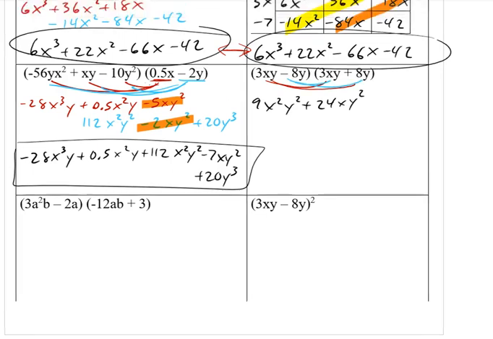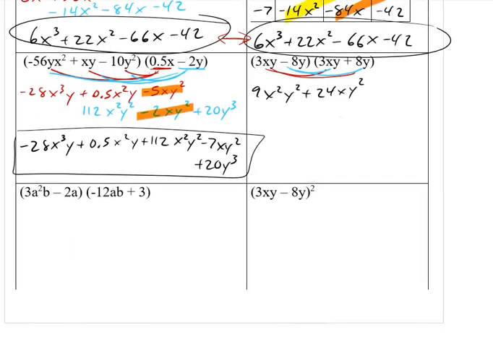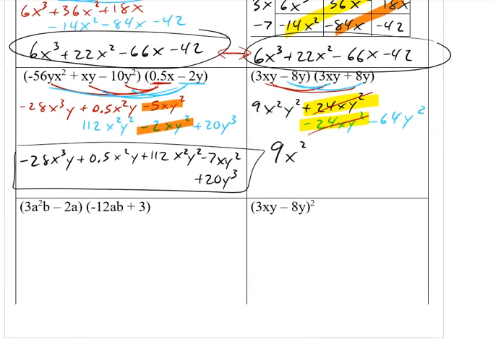Then I get negative 24xy squared minus 64y squared. If you have something like this, where it's a positive 24xy squared and negative 24xy squared, those two things are just going to cancel. So your answer is only going to be 9x squared y squared minus 64y squared.